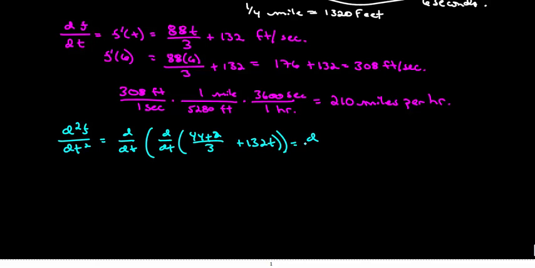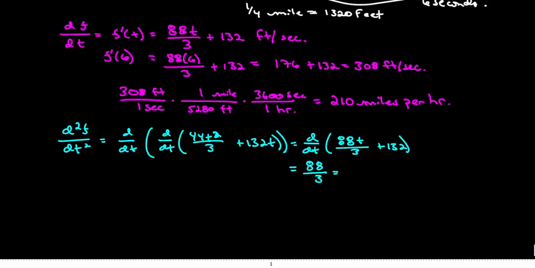And so we already know what the first derivative is of this. That's this right here: 88t over 3 plus 132. And when we differentiate again, we just get 88 over 3.